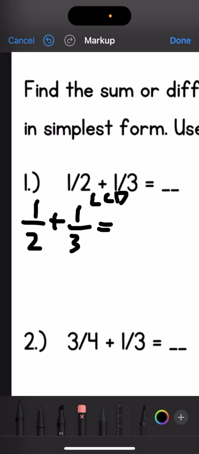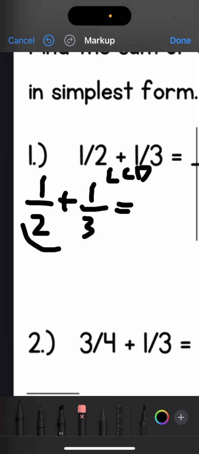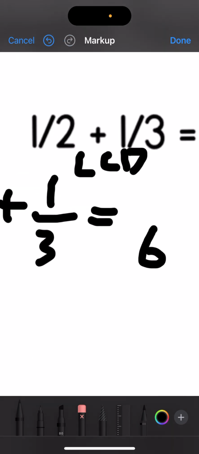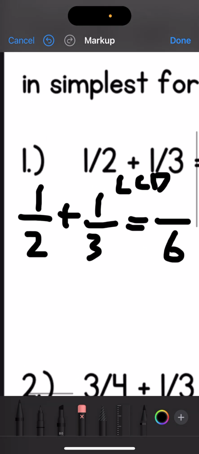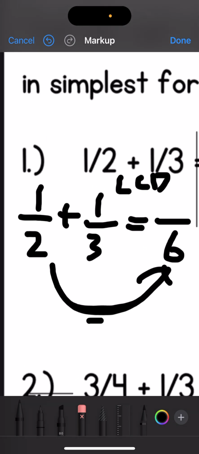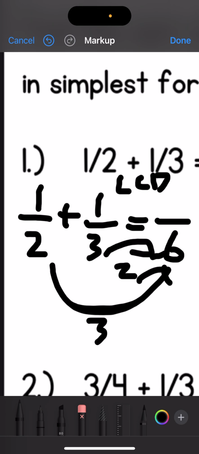So that means that we're going to have to find a number that goes into both 2 and 3. In this case, the number LCD, least common denominator, will be 6. So 2 goes into 6 3 times, and 3 goes into 6 2 times. So from 2 to get to 6, you have to multiply by 3.